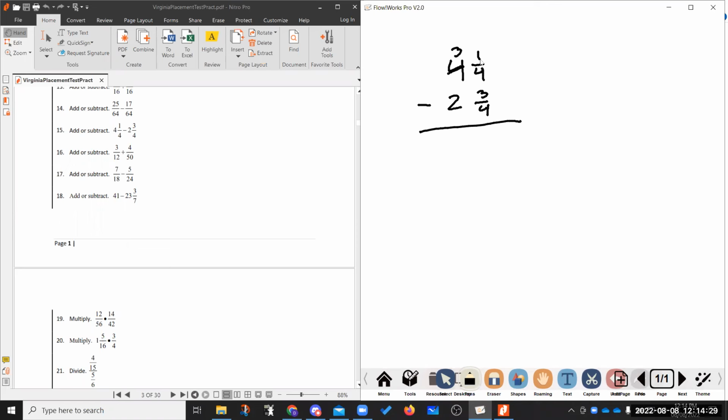I'm going to add 4/4 to 1/4, and this is going to become 5/4. 5 minus 3 is 2. 3 minus 2 is 1. 2/4 simplifies to give me 1/2. So my final answer is 1 and 1/2.